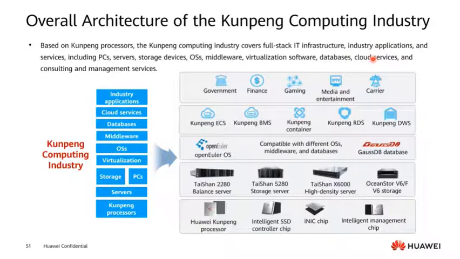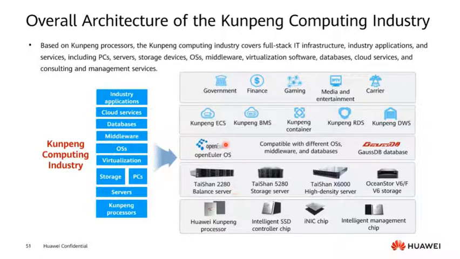Here, we can have a look at the overall architecture of the Kunpeng computing industry. Just as we mentioned before, it is a full-stack infrastructure built up from the very basic processors to the cloud services and applications. As we can see, the bottom layer consists of the processors, chips, and servers that are designed by Huawei based on the ARM architecture, and they can provide high concurrency to improve the computing power.